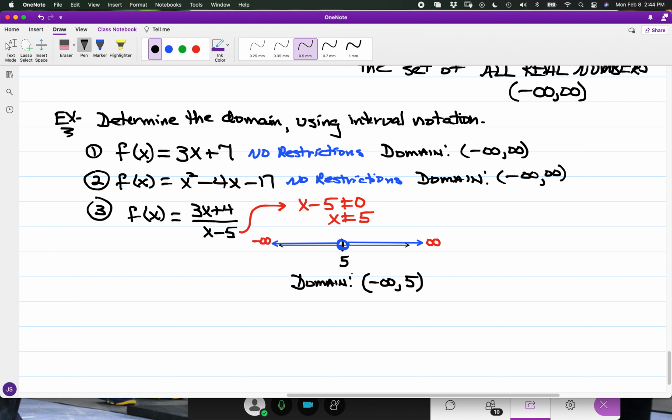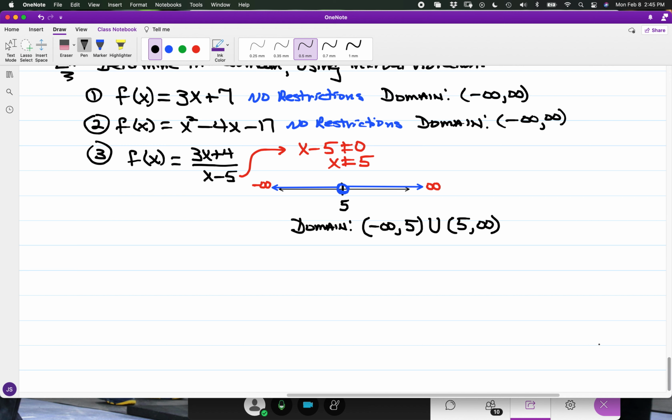So this section, less than 5, is represented by this interval notation, and then in union with the half that is greater than 5, denoted by parentheses around 5 and going continuously out to infinity. So that will be the interval notation for the domain of this particular rational function.